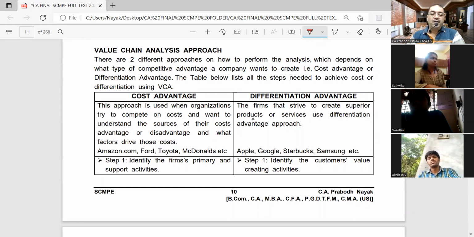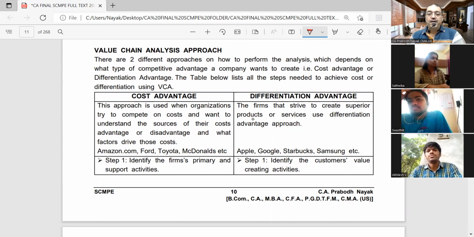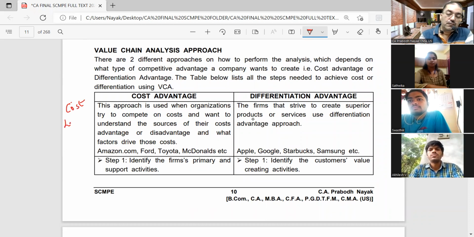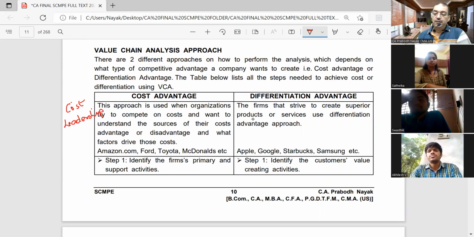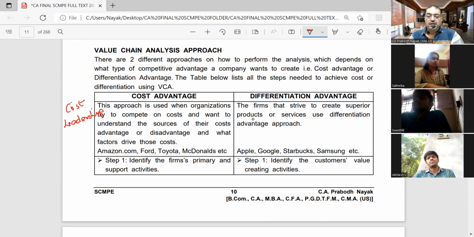One is the cost advantage approach and the other is the differentiation advantage approach. Or we can call them cost leadership and differentiation. Another term for cost advantage is cost leadership. Get used to these terms. These are two different approaches for value chain analysis.